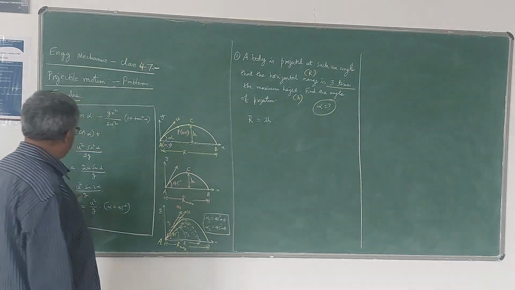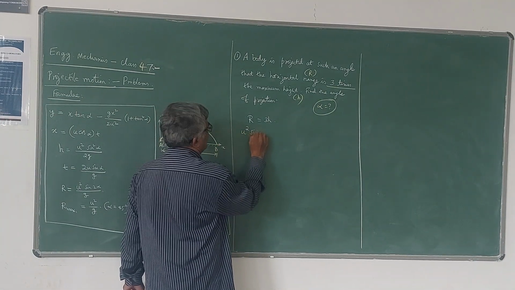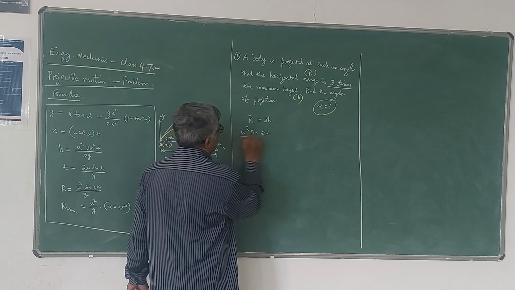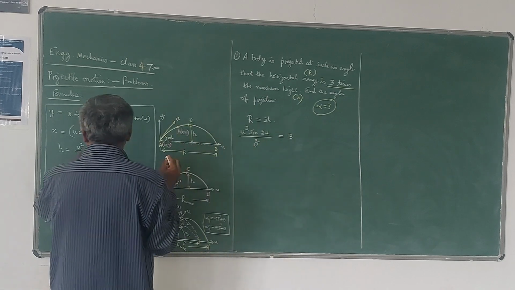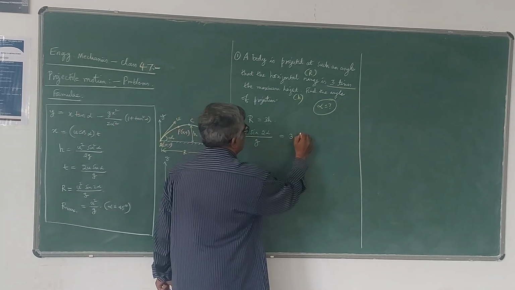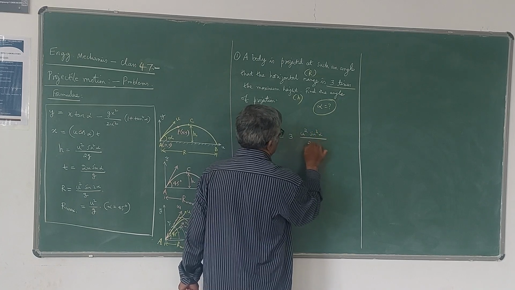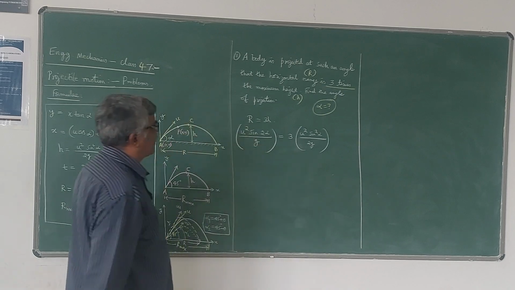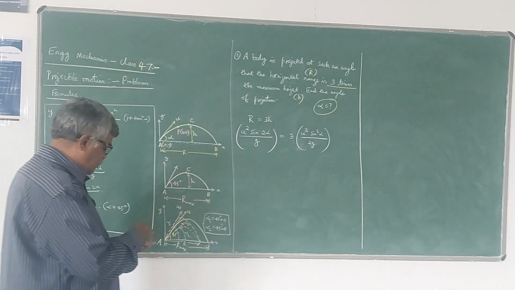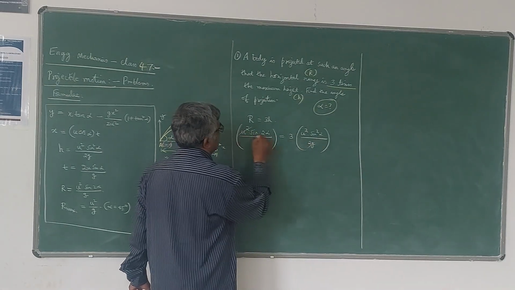R is given by u square sin 2 alpha by g, and this is equal to 3 times H, which is given by u square sin square alpha by 2g. This is the given relationship between R and H. Now if you simplify, g will get cancelled and u square will get cancelled.